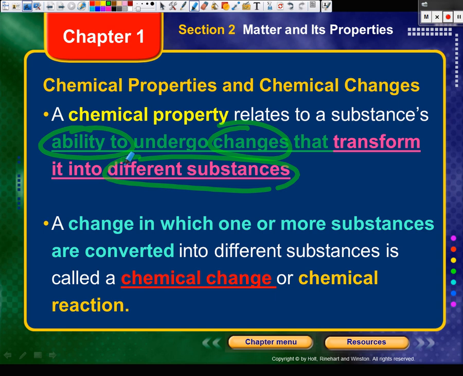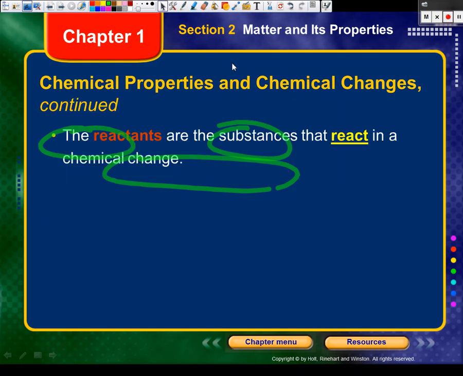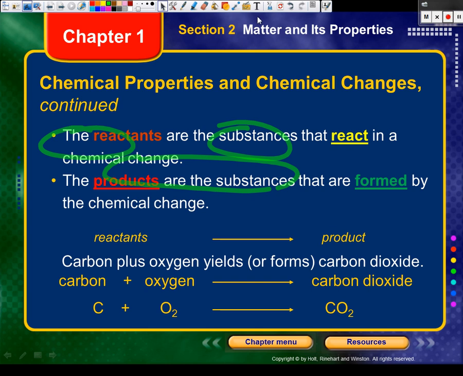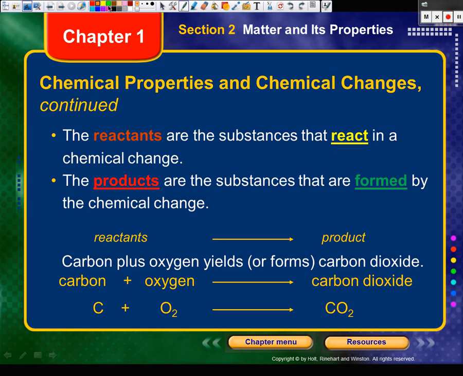Some things you have to force them to change, and we'll talk about that. So a change in which one or more substances are converted into different substances is called a chemical change or a chemical reaction. And so this is what's important about all of these things, is that when you get into chemical changes, you get into chemical reactions. Okay? So go ahead and make sure that you know these two things.